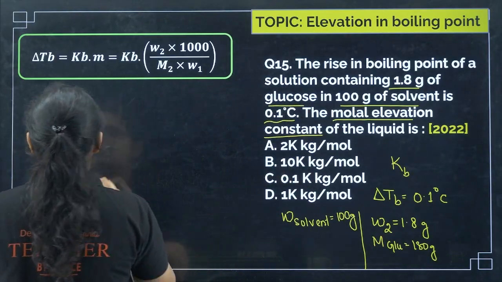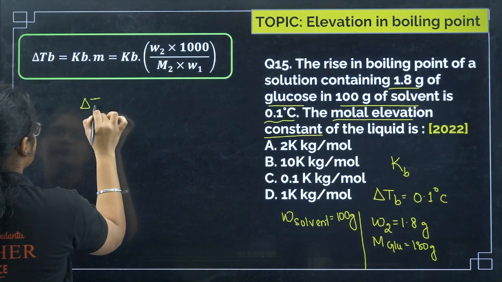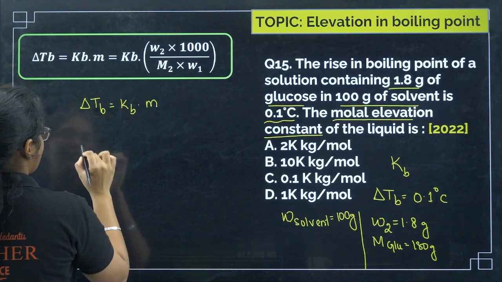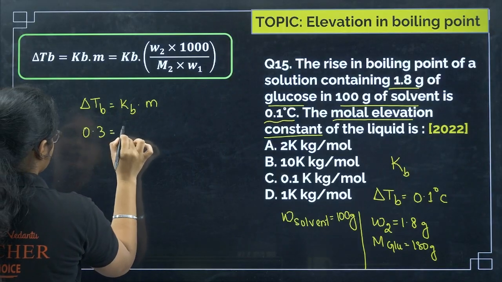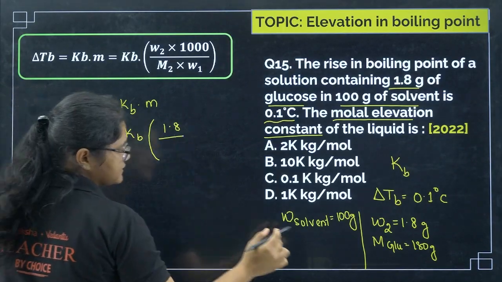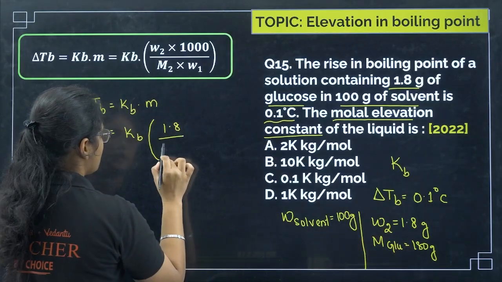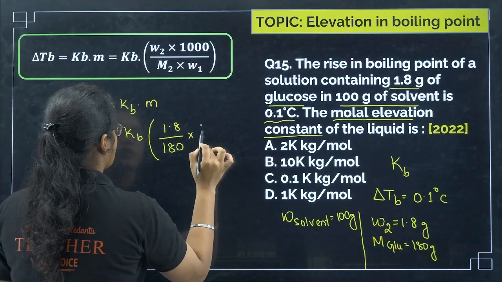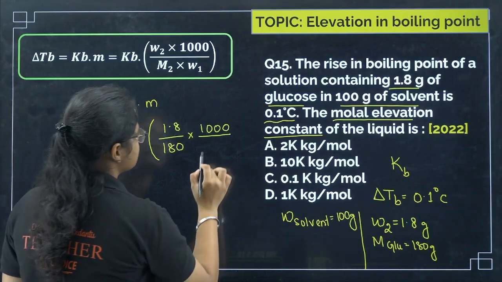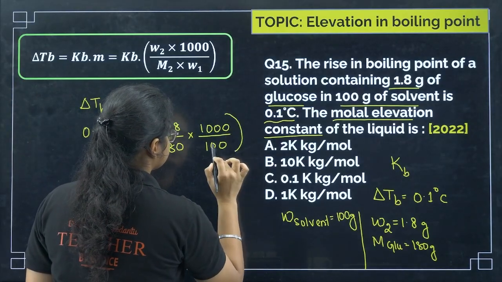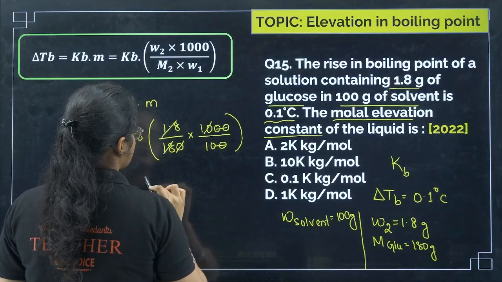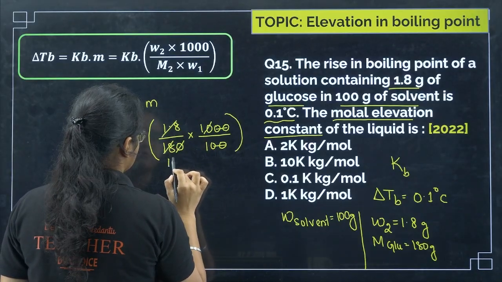Now let's solve this. Delta Tb is equal to Kb into m. I have delta Tb, and Kb I have to find out. Molality is 1.8, that is the mass, divided by the molar mass 180, into 1000, divided by the mass of the solvent, 100.